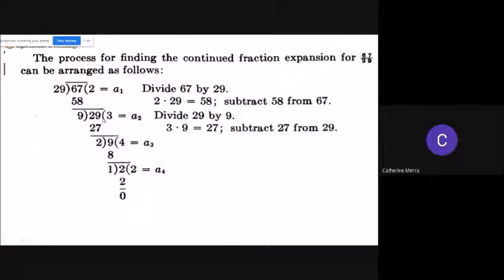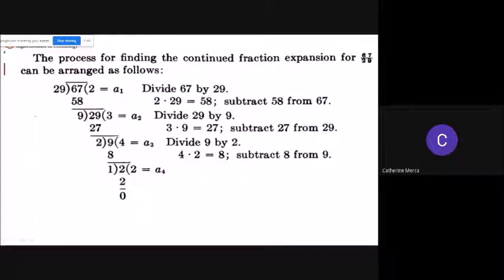Divide again 29 by 9. So you will have 3 times 9, which is 27. Subtract again and you will have a value equal to 1. So divide again 9 by 2, and then you will come up with 4.